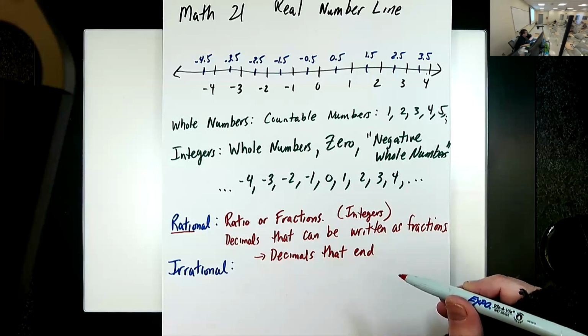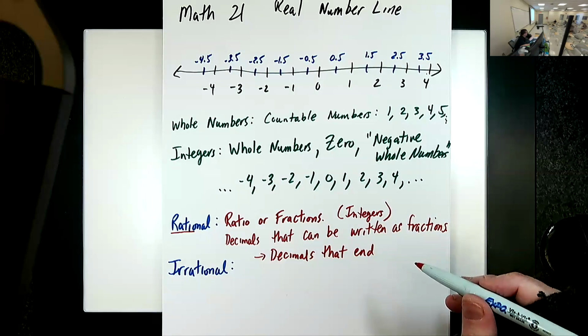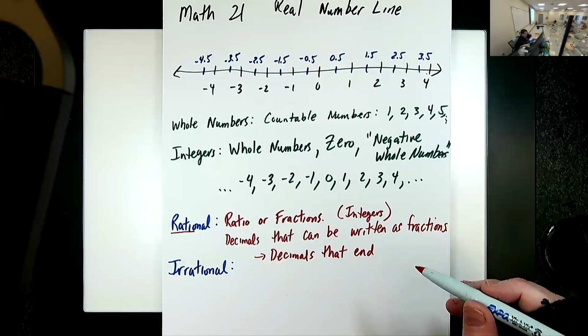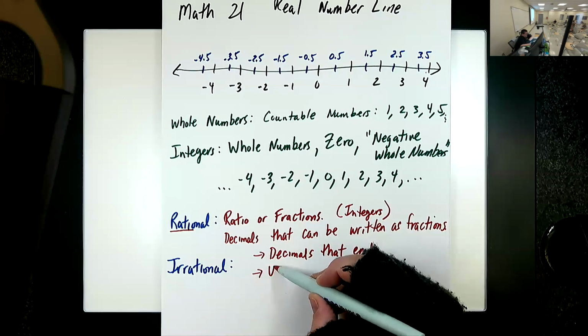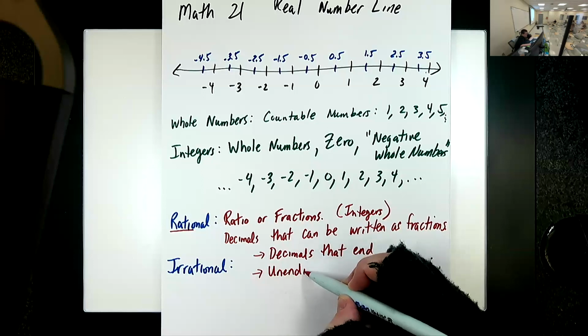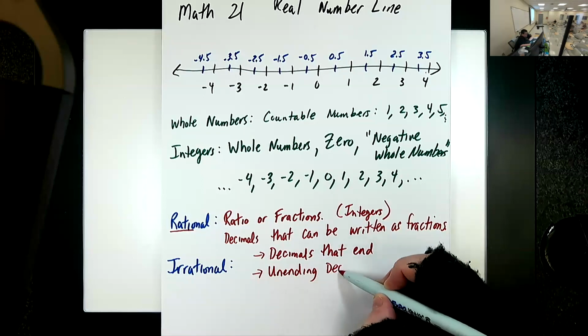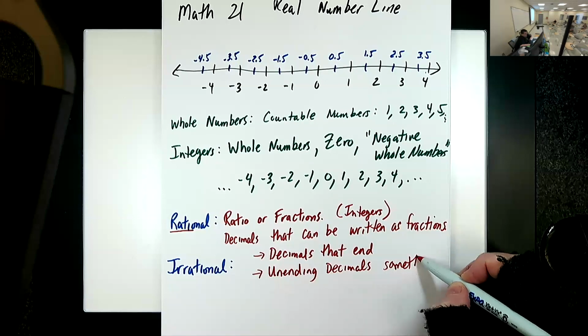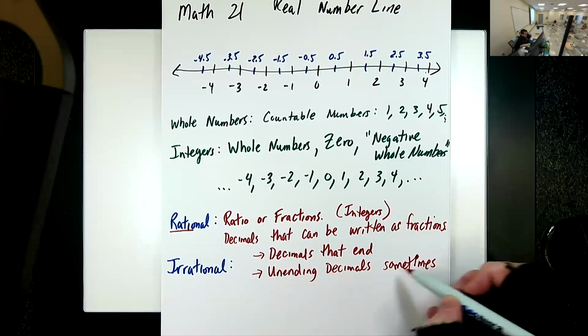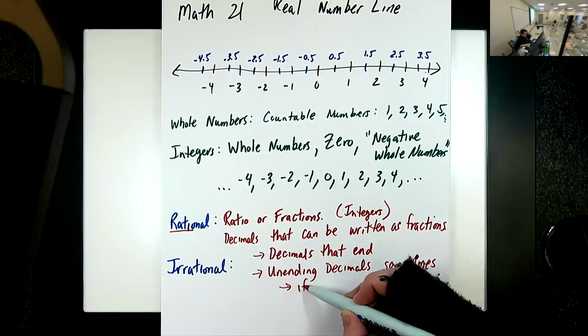We will do that on Monday. We'll do it with ugly decimals too. Unending decimals sometimes. And the key here is if it can be written as a fraction.